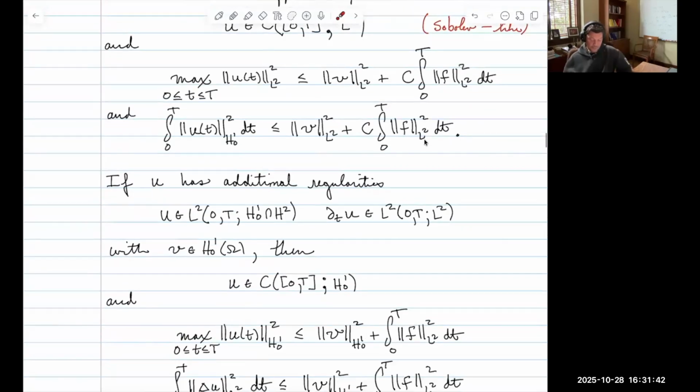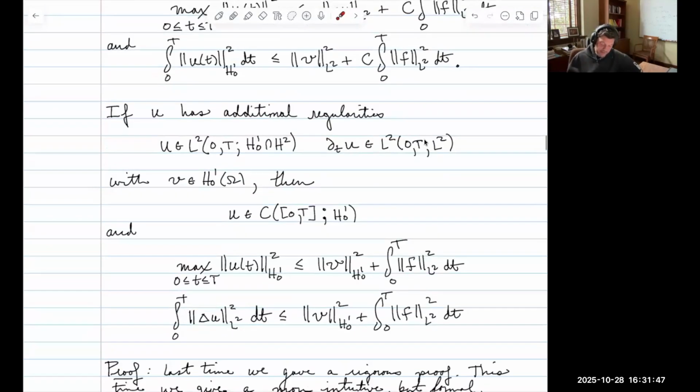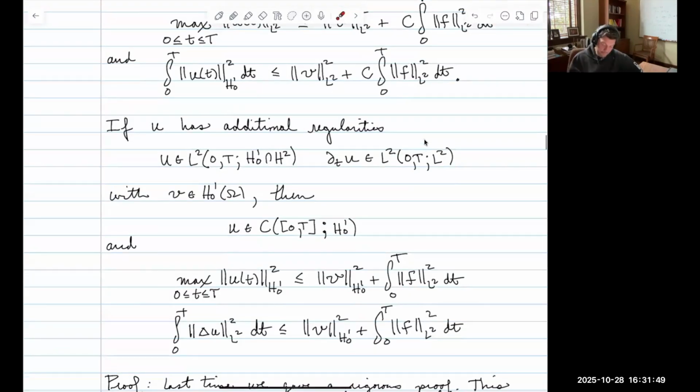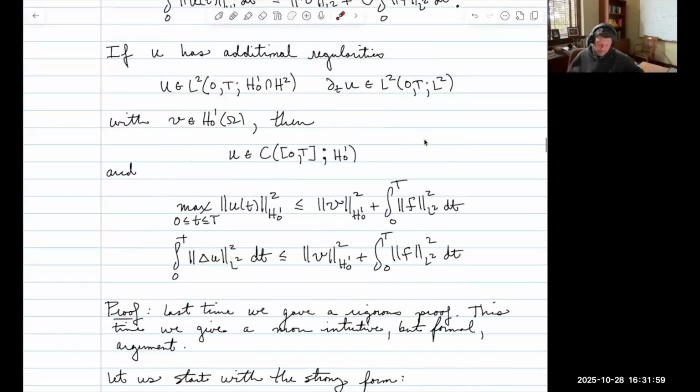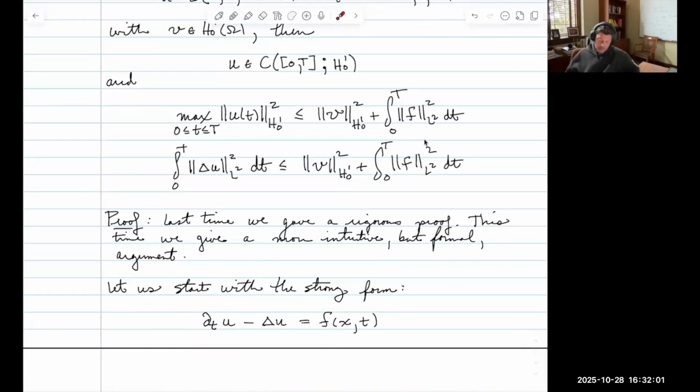If we have additional regularity of the solution, then we can show a similar sort of what are called energy estimates of this type. And so last time I tried to prove this rigorously, and today we're just going to give a formal argument. And what do we mean by that? Again, formal means form.